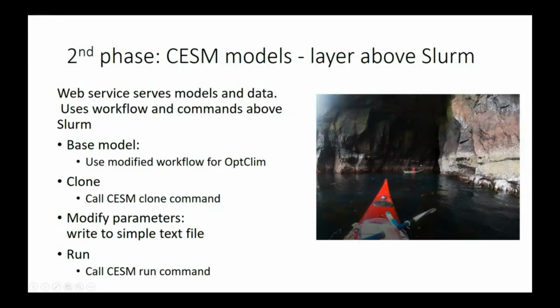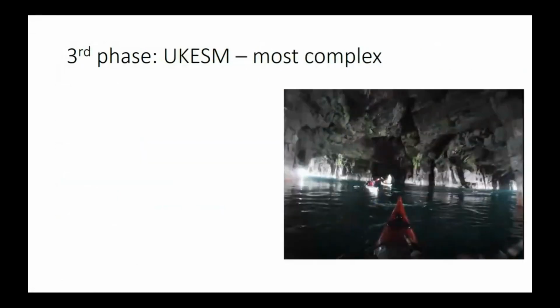So from that sort of unfamiliarity, we move on to UKESM, which is a little more difficult, and it seemed to have some alternatives and obstacles we had to navigate, and more potential for getting into trouble.